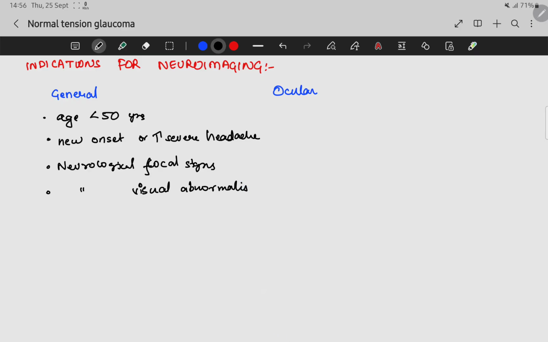So when we see in the fundus, they will be respecting the vertical meridian.